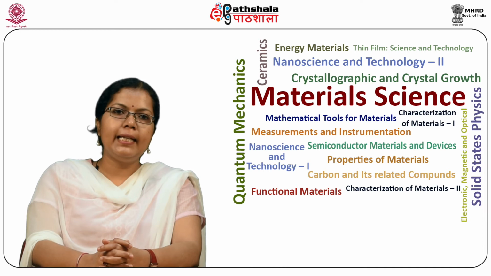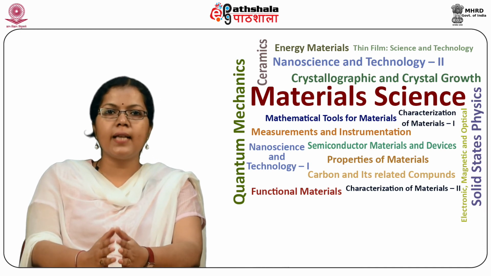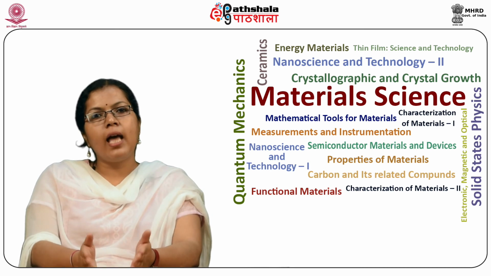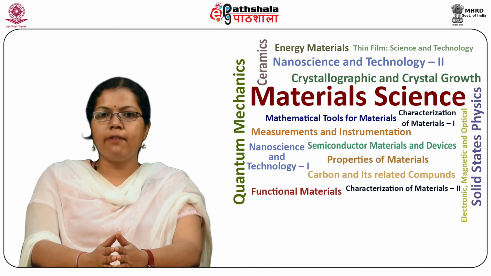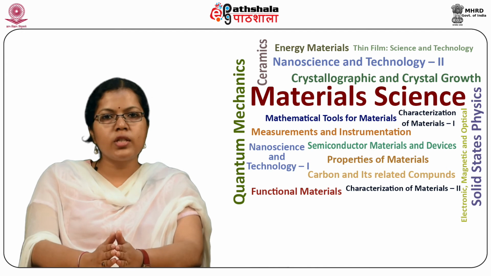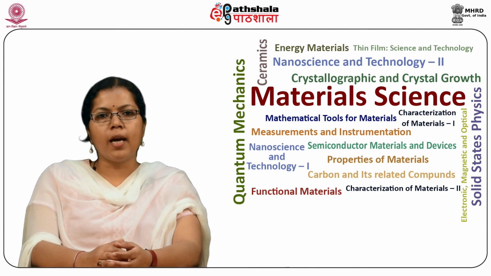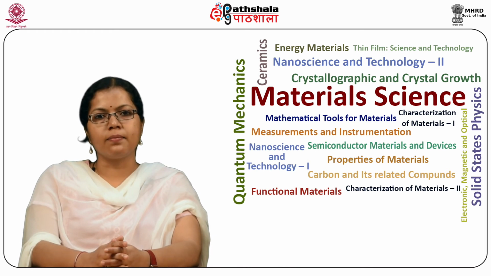Now students, let us study about the lens aberrations. The lenses suffer from several aberration effects which affect the resolution. The most important of these defects are spherical aberration, chromatic aberration, and astigmatism.